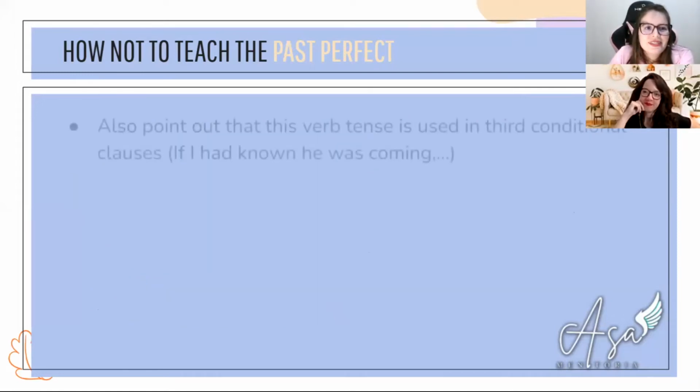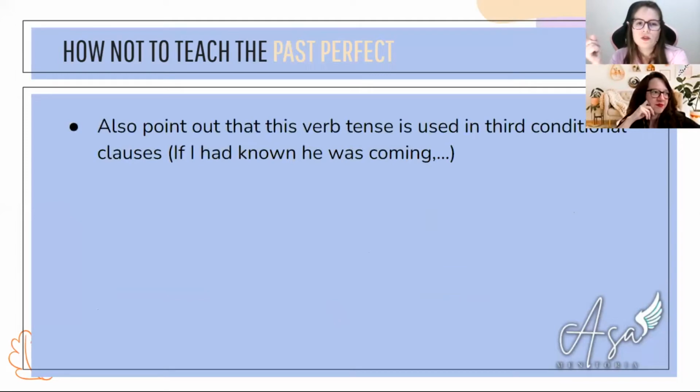Yeah, next, you also point out that this verb tense is used in third conditional clauses, like if I had known he was coming, blah, blah, blah. So we have three uses of the past perfect here, okay?